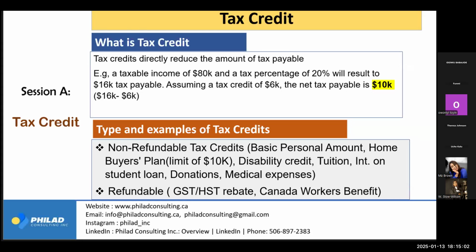But what is a non-refundable tax credit? That does not create a refund. It's going to reduce your tax. For example, you owe tax of $1,000, you have a tax credit of 6,000, and you'll be thinking, let me collect my $5,000 back. No, sorry, it's a non-refundable tax credit.